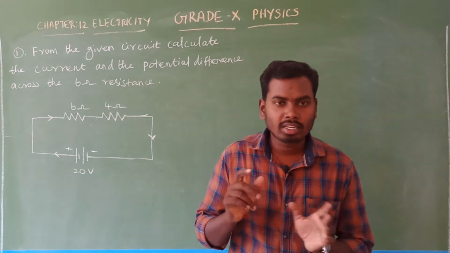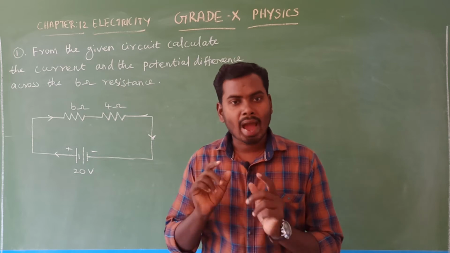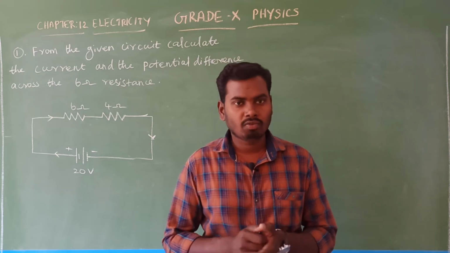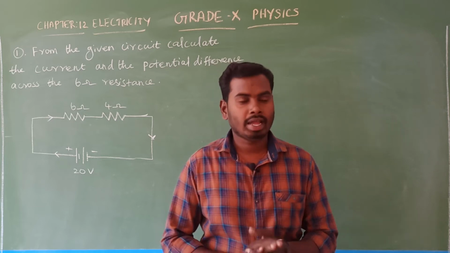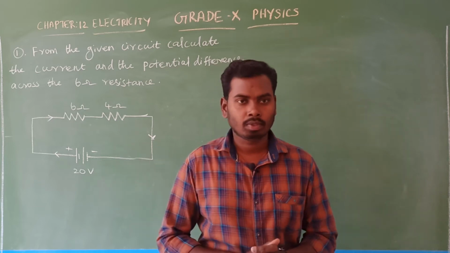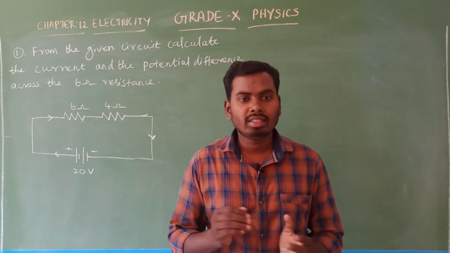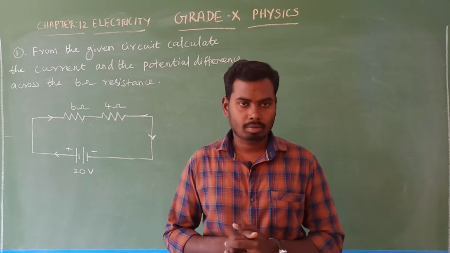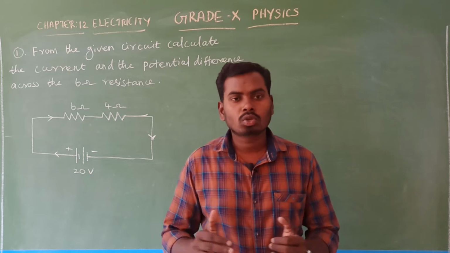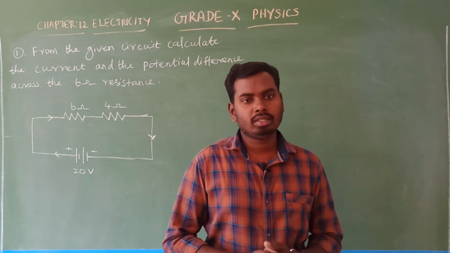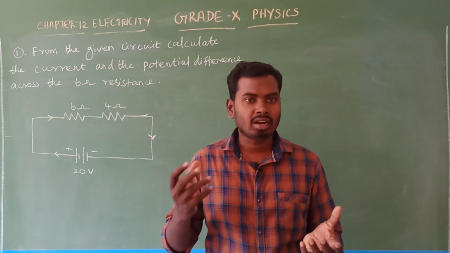First formula, P equals V into I. Second formula, P equals I squared into R, which calculates the power in terms of current and resistance. And the third formula, P equals V squared divided by R, which calculates the electric power in terms of voltage and resistance.